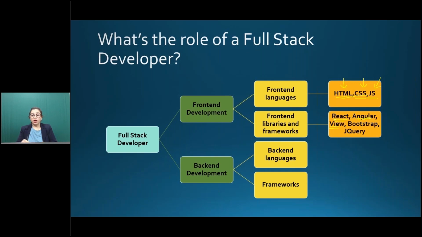Now these are the third party frameworks. There are also some ready-made libraries available. Using that you can make your front end more interactive. For that we have Bootstrap and jQuery. Bootstrap is a framework or library which you can include in any application. Using that, you can make your website responsive.